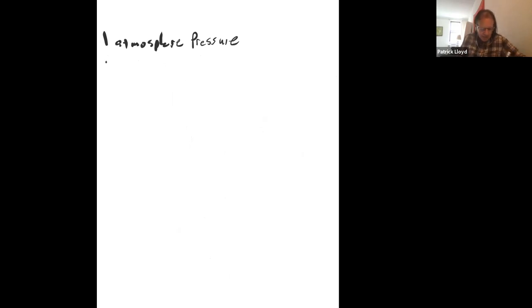I'm going to write it as an abbreviation: 1 ATM, atmospheric pressure, is equal to 0.76 meters of mercury. See how that's written? Of mercury, because we're using mercury in that device, which is called a barometer, by the way, barometric pressure, which is the same as 76 centimeters of mercury.